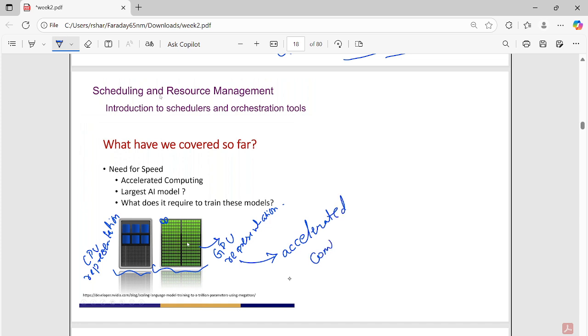Accelerated computing or throughput based computing.